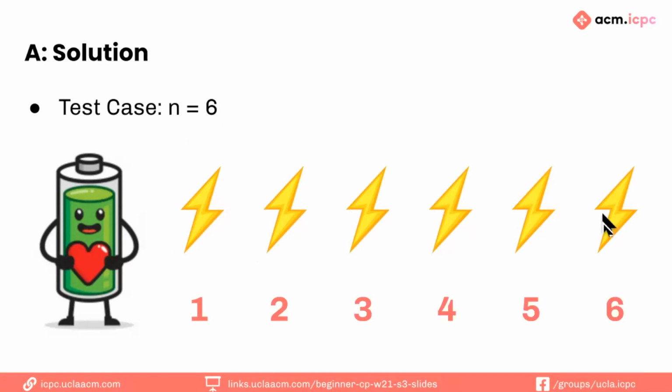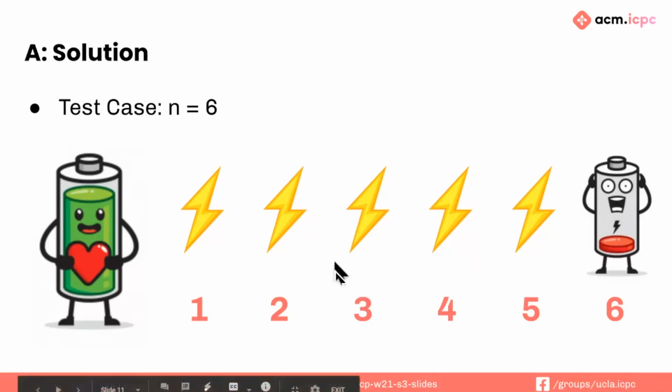What n equals 6 really means is that at 6 milliamps, the battery is going to blow up. And from here, we want to know where exactly within these other choices the battery is going to blow up also, and where is it going to not blow up?